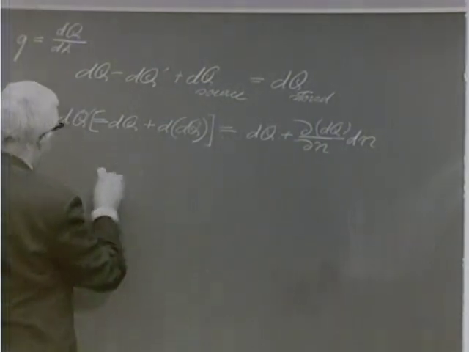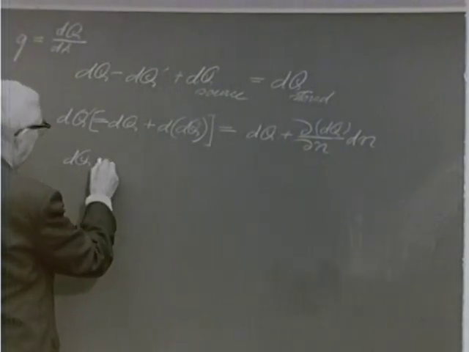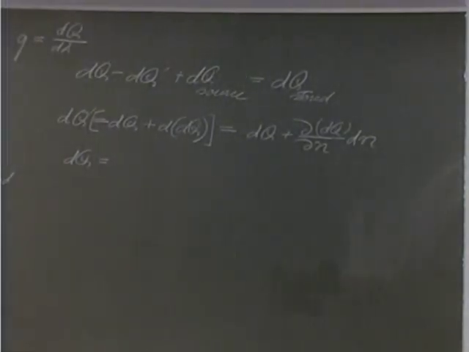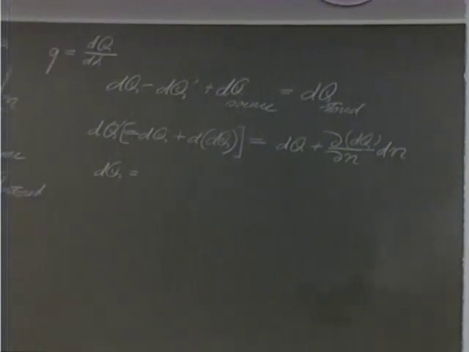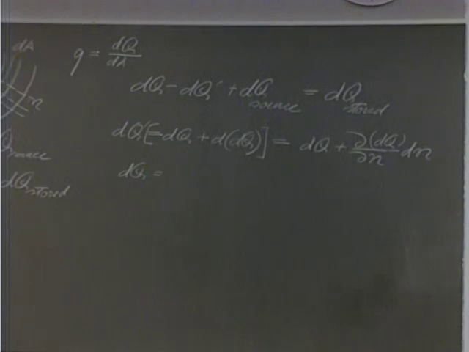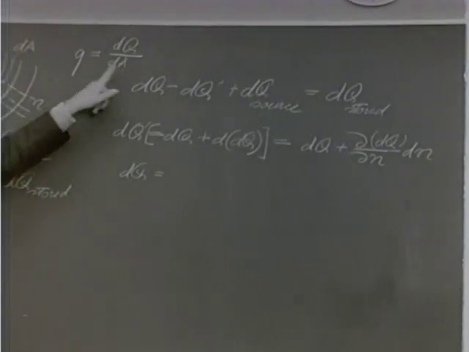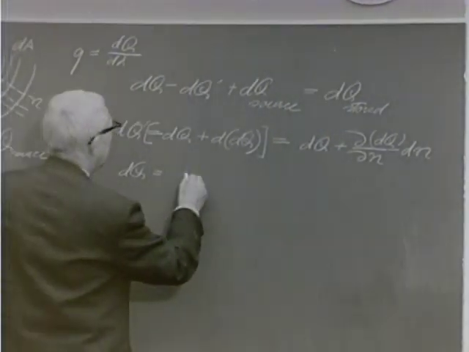Okay, now for dq itself, we use Fourier's equation. Well, first, this is the heat flux per unit area. So in order to get the amount of heat which flows through the area element dA, I have to multiply my specific heat flux with dA.